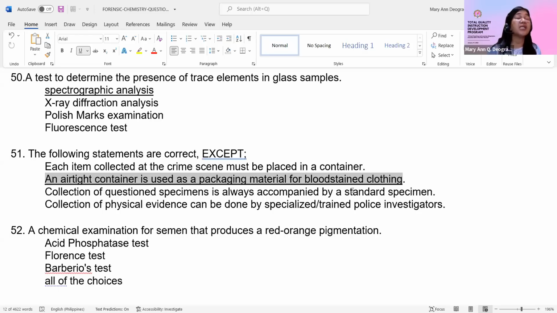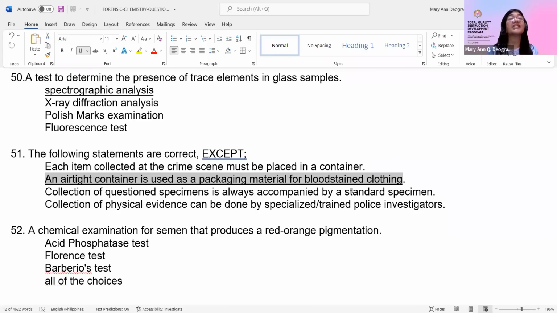Usually, kanino galing yung standard specimen? Sa victim o kaya sa suspect. So kung hindi tayo kumuha ng blood sa victim, wala tayong gagamitin for comparative examination. So magiging useless yung mga blood stains na kinuha natin sa crime scene. Wala tayong mapagkukumparahan eh. So tama yung letter C na statement.